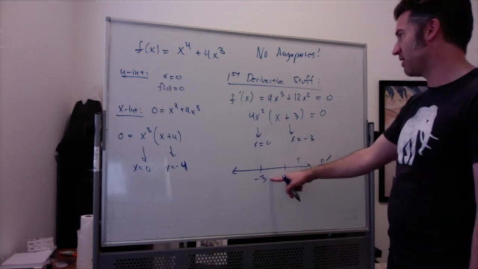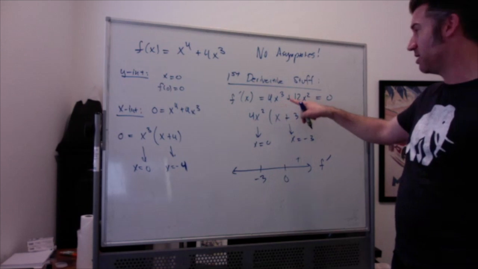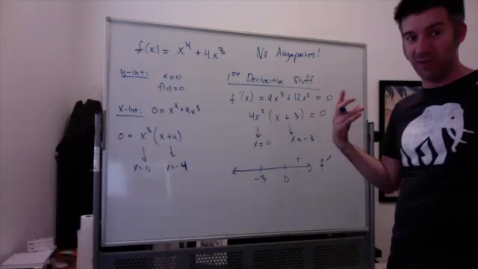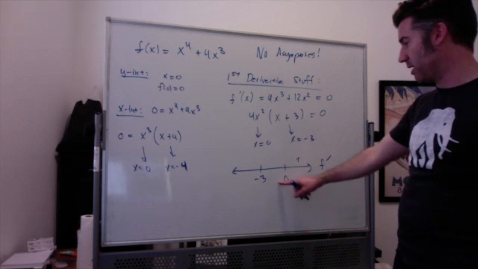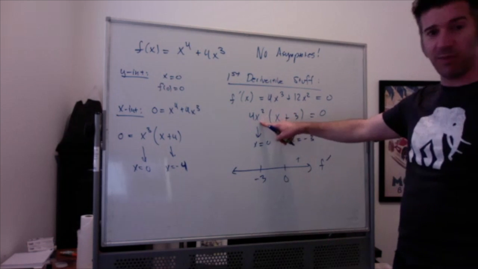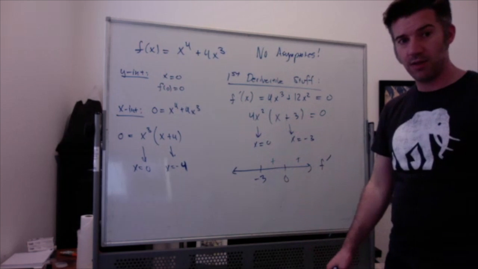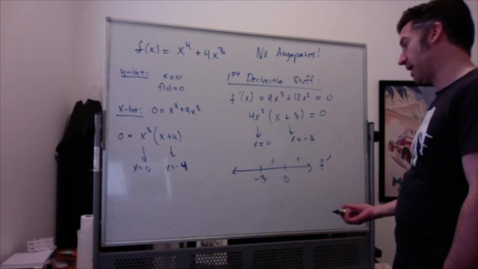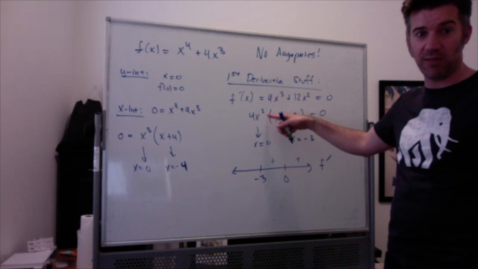If you pick negative 2, it might not be clear if it's negative or positive, because if you plug in negative 2, this part's negative and this part's positive, and you add them together, you actually have to think about which is bigger. Or you can do it the smart way and plug in negative 2 here and say, oh, this part's positive, the whole thing is positive. Or you could use the method that asks us to look at the multiplicity of the factor that the 0 came from.